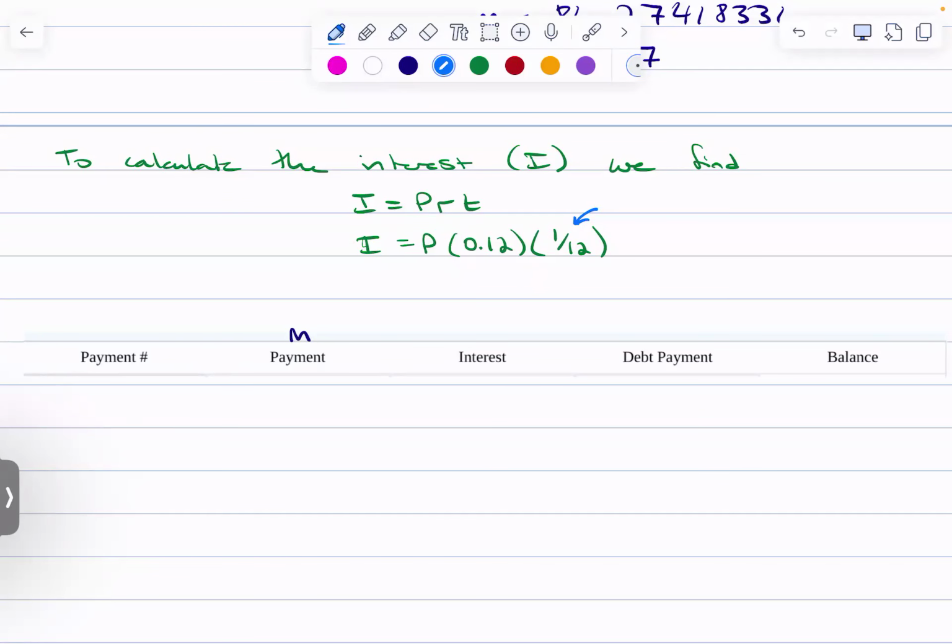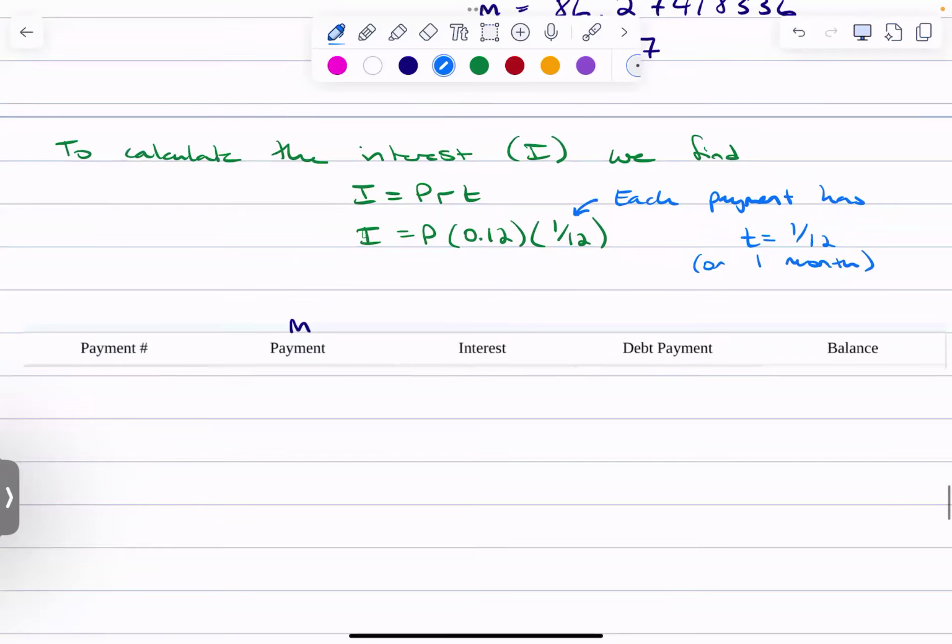And that's because each payment is just a time point of 1 month, right? And so each payment has T equal to 1/12 or 1 month. So you want to break it down for each payment. Okay.